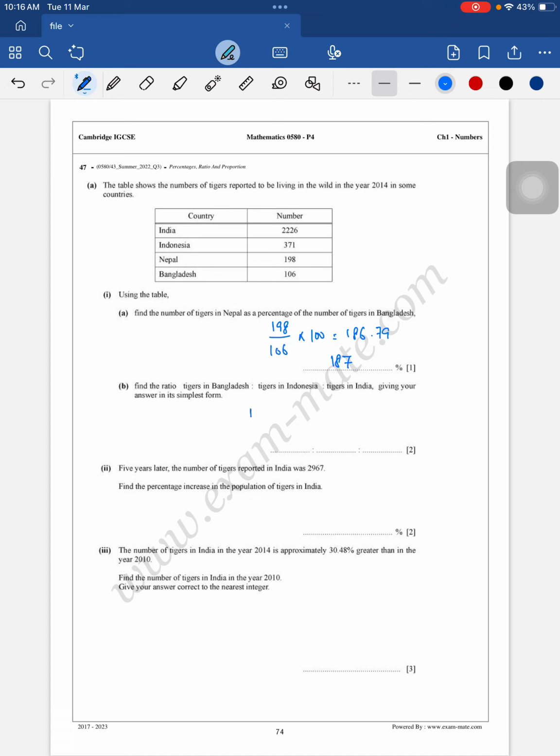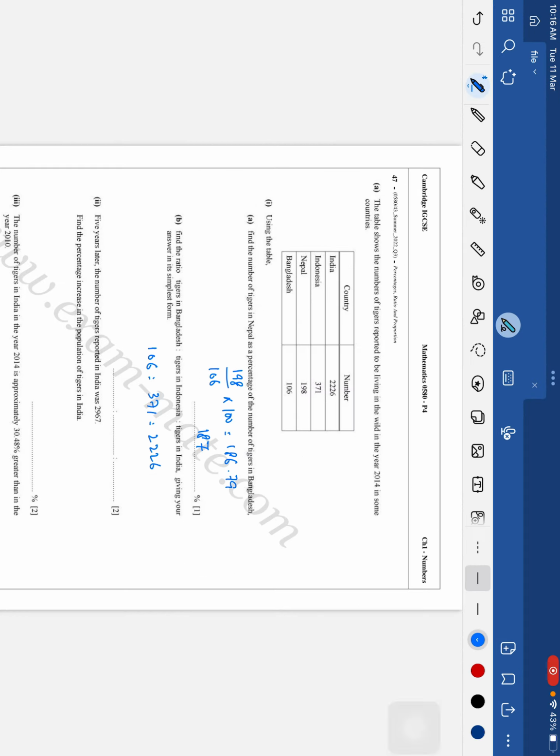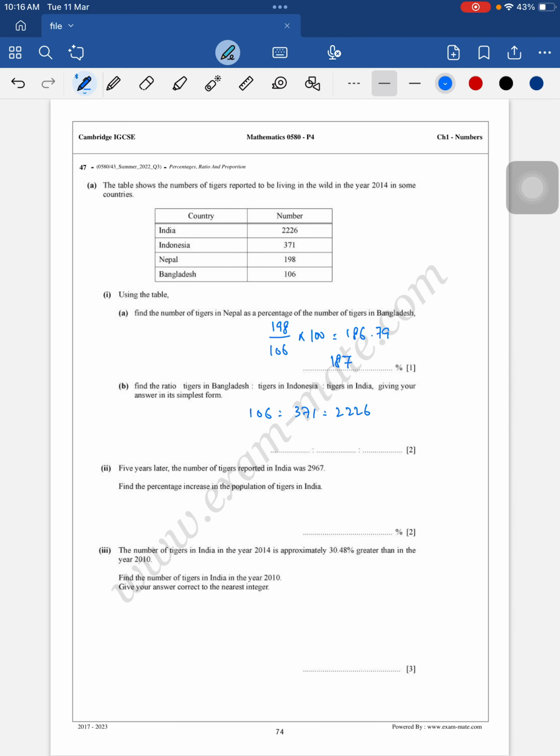Tigers in Bangladesh 106, tigers in Indonesia is 1371, and tigers in India is 2226. Find the ratio, right? Okay, so we should see that by which number they are dividing, right?